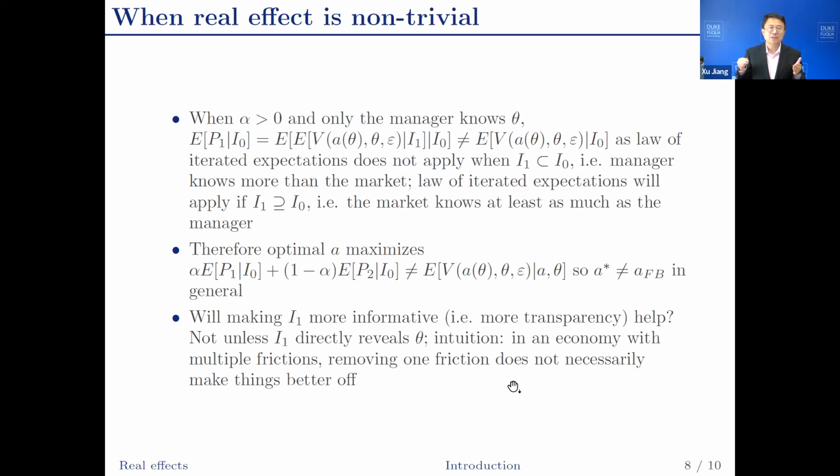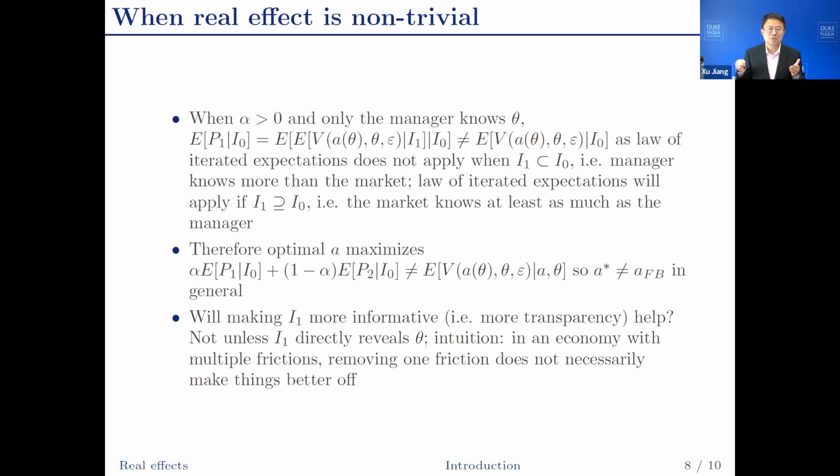Now the question is, because the law of iterated expectations does not apply due to I1 being a subset of I0, will making I1 more informative help? In other words, will more transparency help? The answer is, in general, not necessarily, unless you improve I1 such that I1 directly reveals theta.